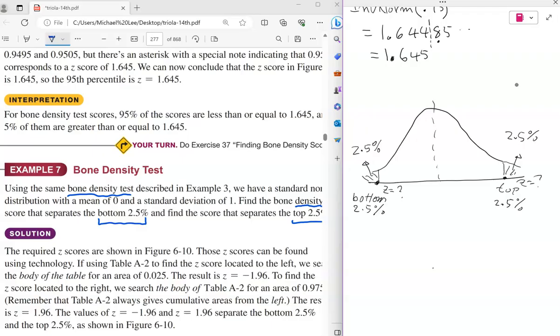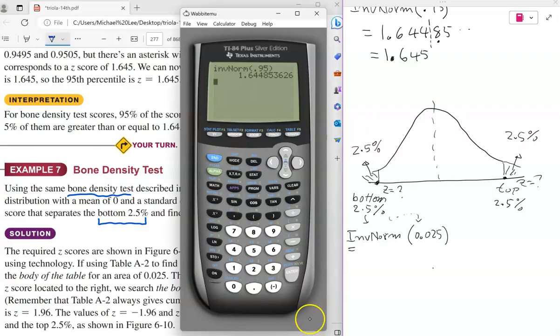So to find this bottom 2.5, all you have to do is inverse norm, just like we did in the previous example, 0.025. You got to change this to decimal. So if you do that, second vars, remember vars, go to inverse norm number 3 and then 0.025.